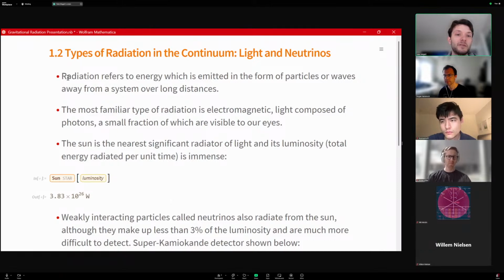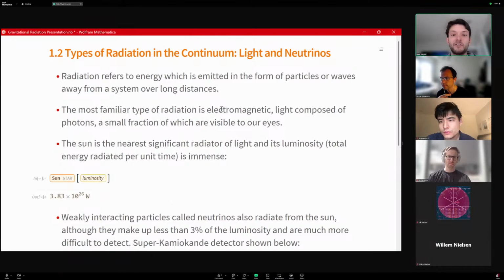So the term radiation in general just refers to energy which is emitted.